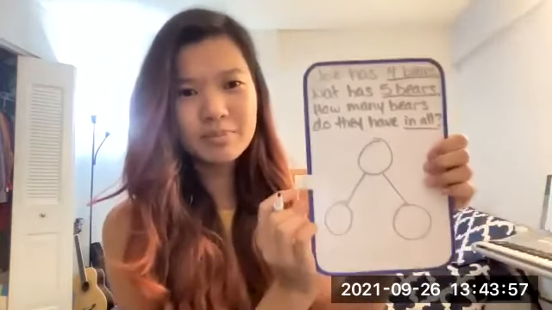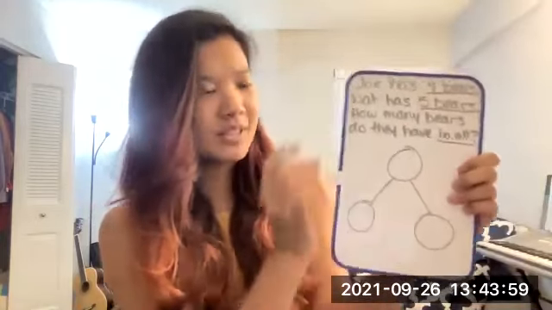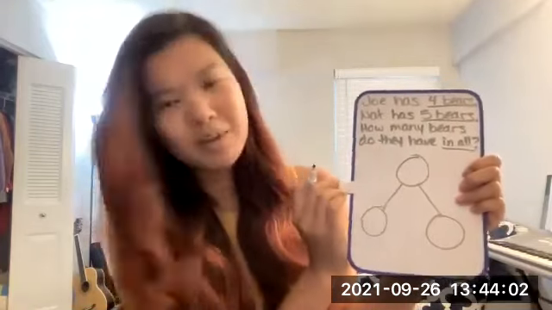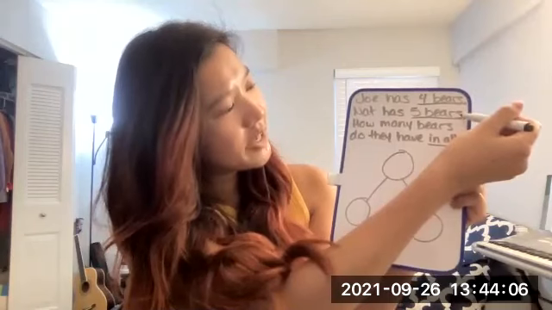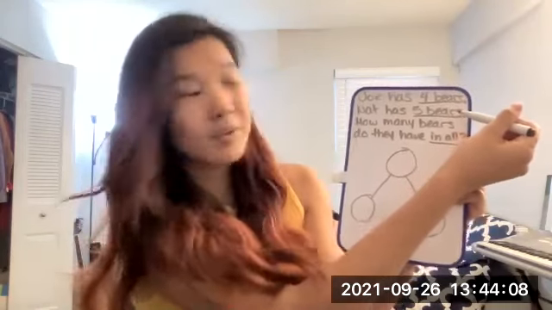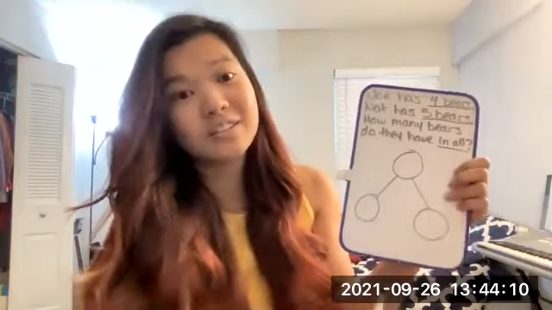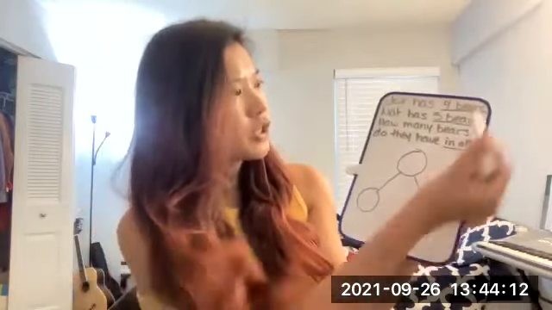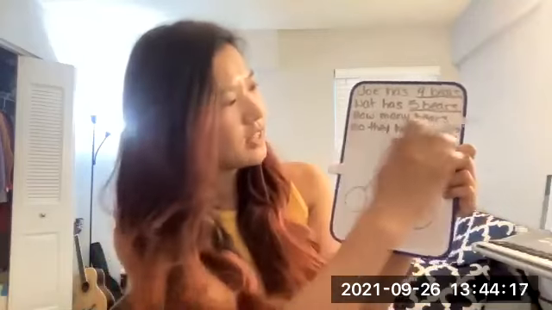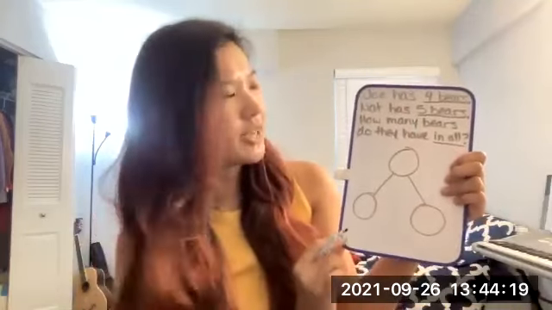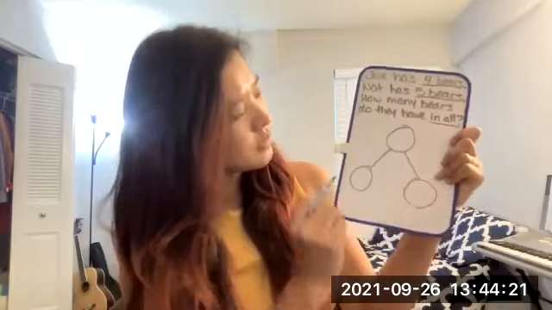The important parts of this story problem that I read were that there are 4 bears and 5 bears. And what they're looking for, the question, is how many in all. So I know that my 2 parts are 4 and 5, and I underlined that when I was reading to make sure I had all the important parts there.